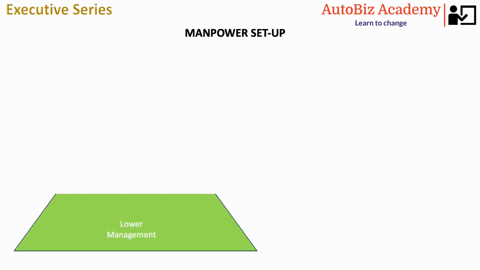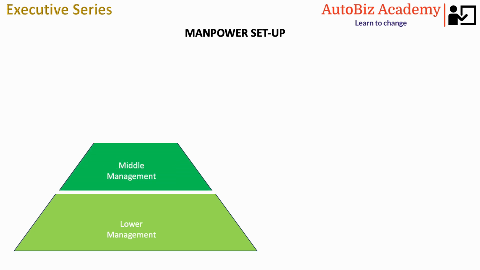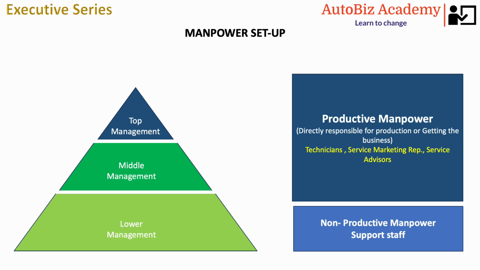We have lower management, middle management and top management. It is further divided into productive manpower and non-productive manpower. Productive manpower is utilized to generate the business, and non-productive manpower is the support for doing the business.